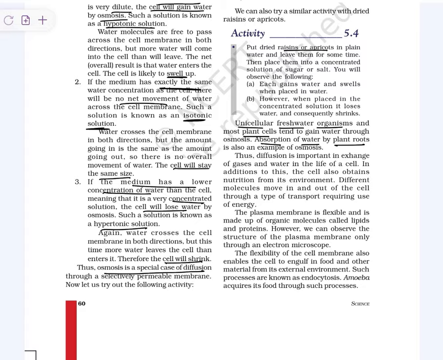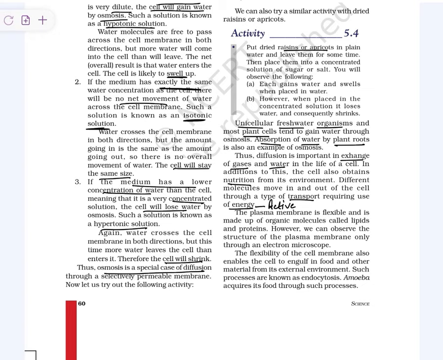Thus diffusion is important in exchange of gases as well as water in the life of a cell. In addition to this, cell also obtain nutrition from the environment, and these nutritious molecules move in and out of the cell through a type of transport which requires energy. Here we are talking about the active transport mechanism.